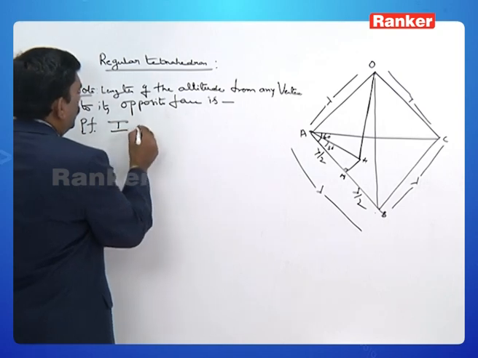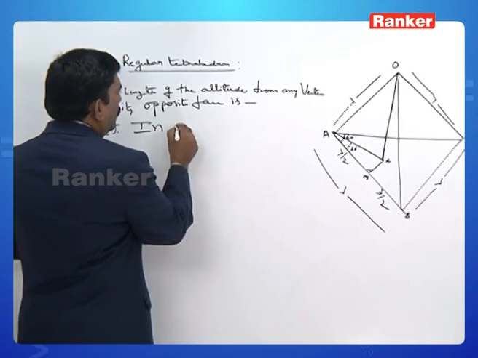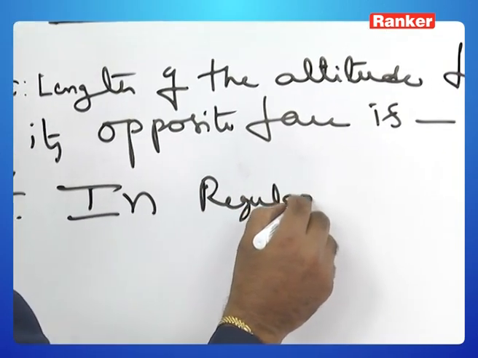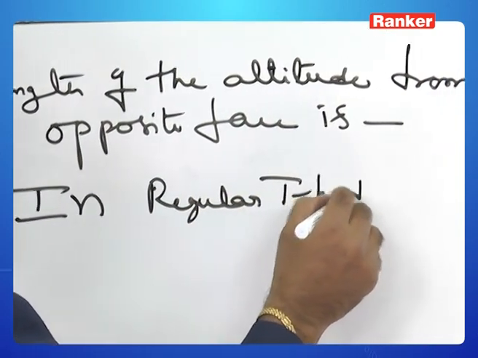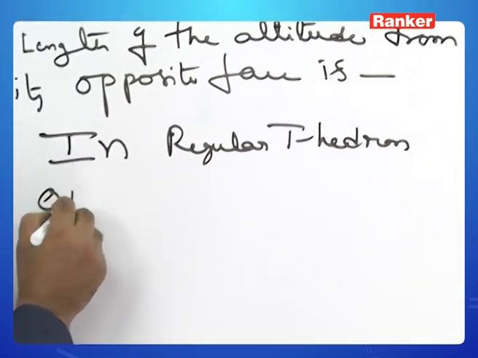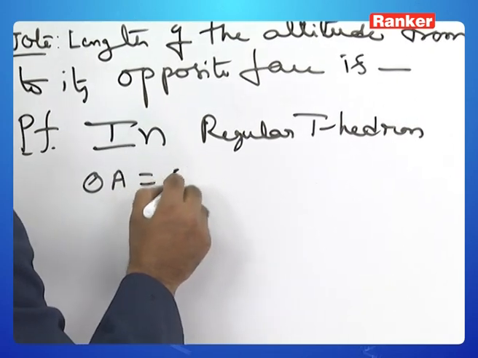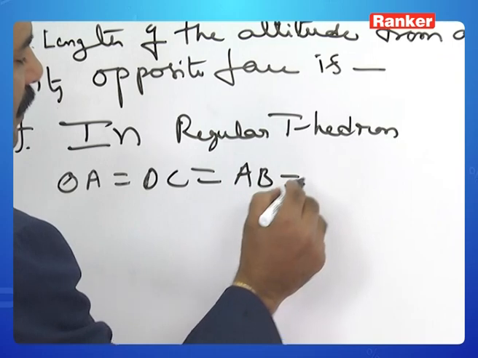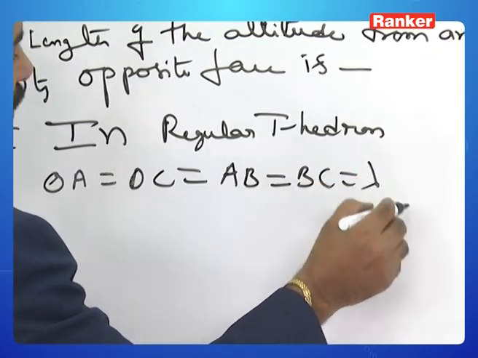In a regular tetrahedron, OA, OC, AB, BC are equal to lambda.